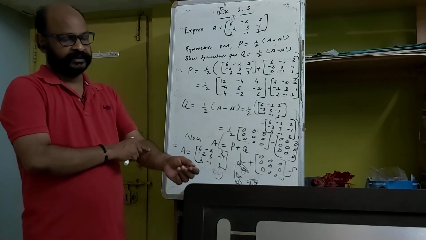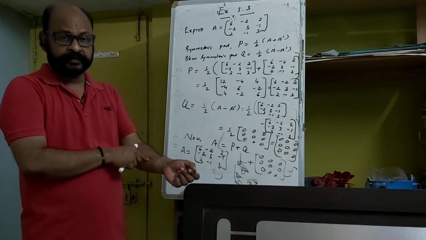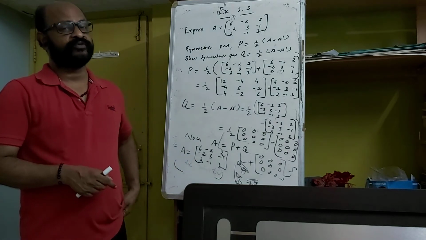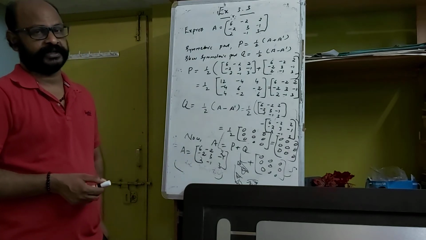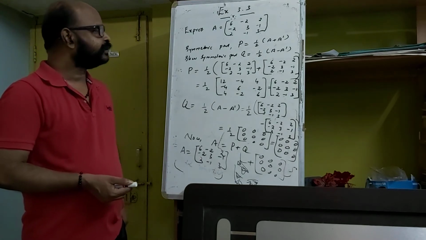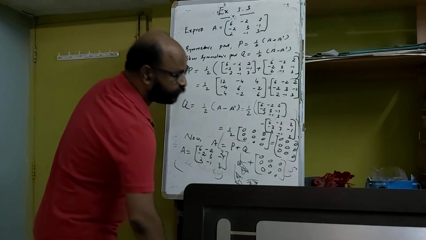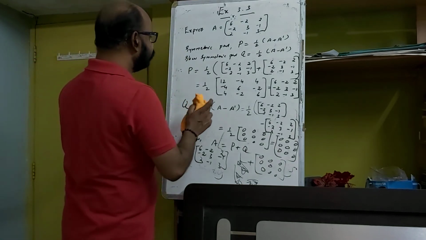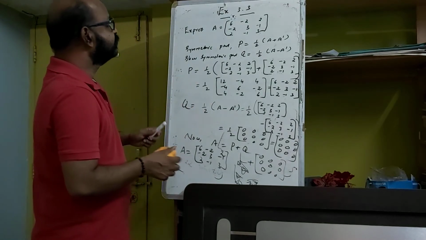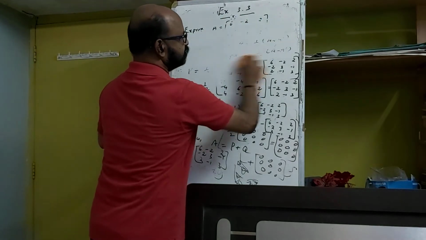So when the given matrix is a symmetric matrix, the symmetric part is the matrix itself and the skew symmetric part is the zero matrix. Now we discuss one more example, because as we said here, by default the skew symmetric part became 0.